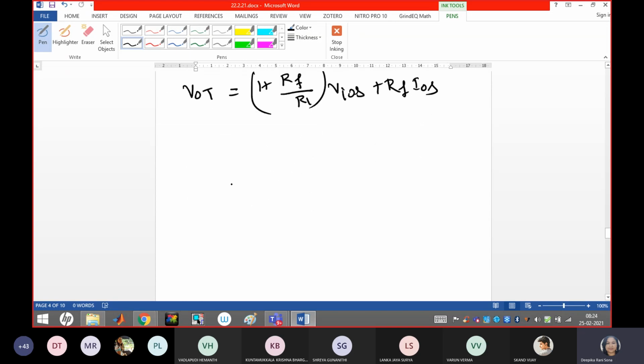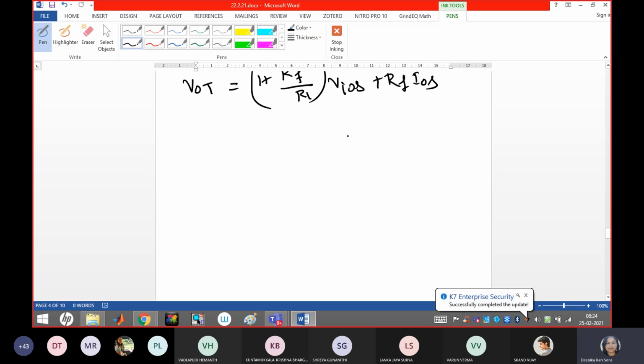okay. So how this value can be compensated, guys? As per the theoretical description about this offset voltage, this value may be either less or more than the offset voltage produced at the output due to the bias current, the input offset voltage, or this input offset current.